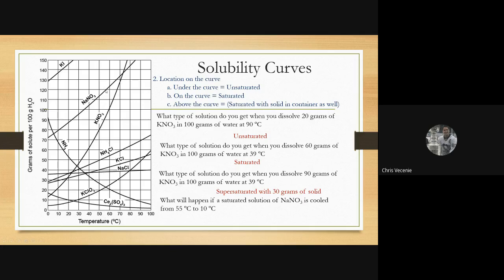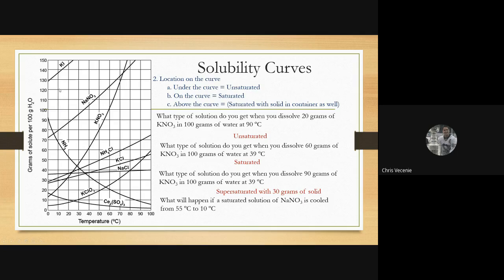At 55 degrees, it can hold 120 grams of solid. If I cool that substance to 10, I'm sliding along the temperature axis down to 10. At 10 degrees, that's above the curve now. It's not touching it like it used to. At 10 degrees, the NaNO3 is only able to hold 80 grams.